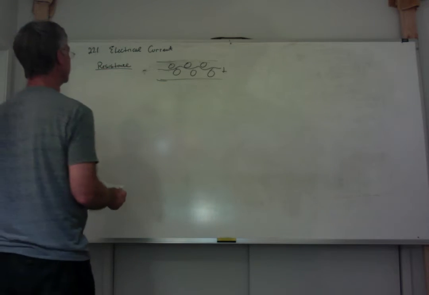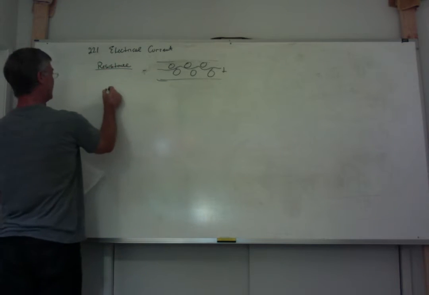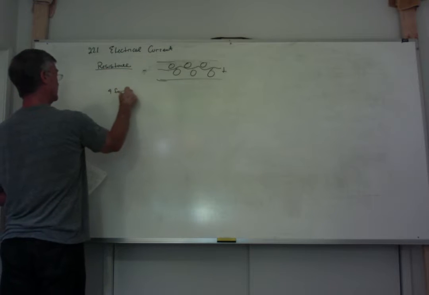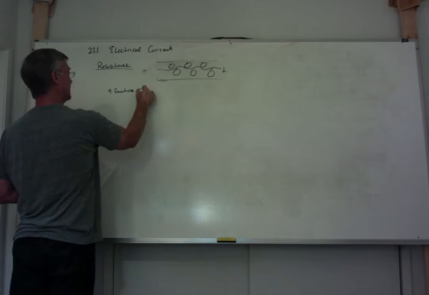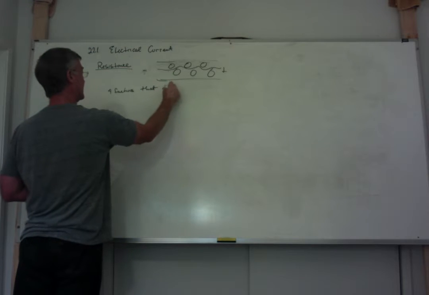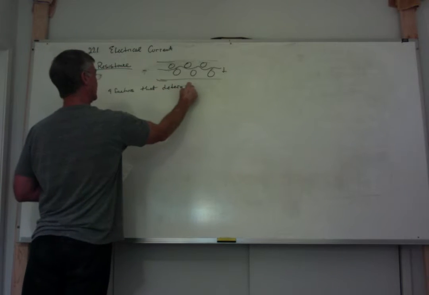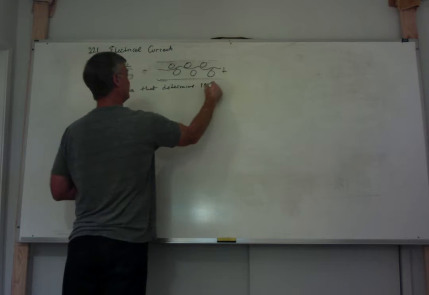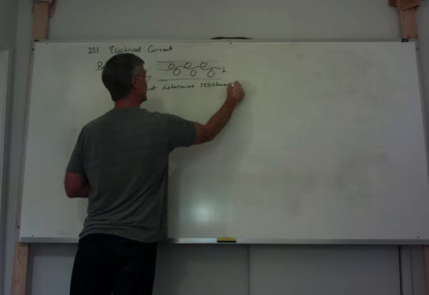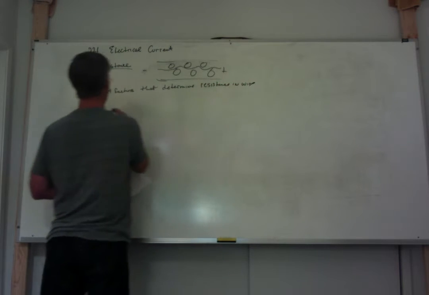How much resistance and where does it come from? Well, there are four factors that determine generally the resistance in a wire. The first one is pretty obvious, and that is the length of the wire.